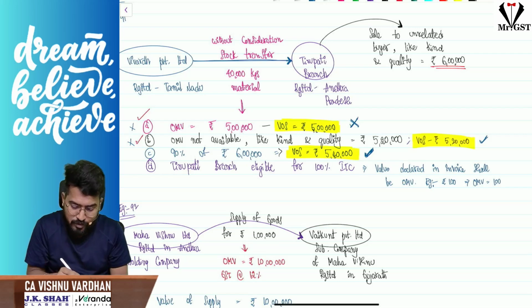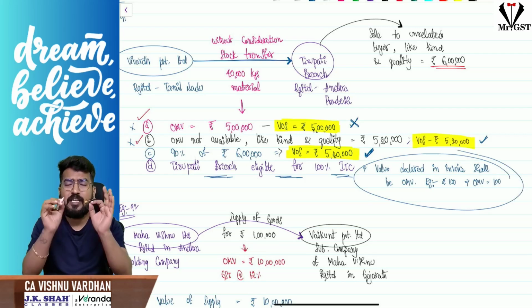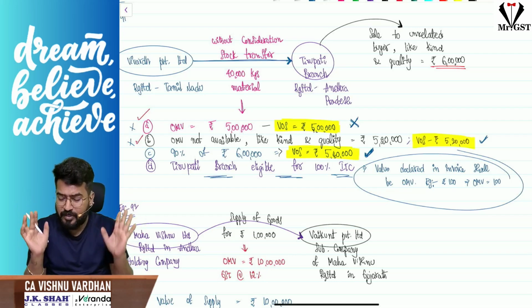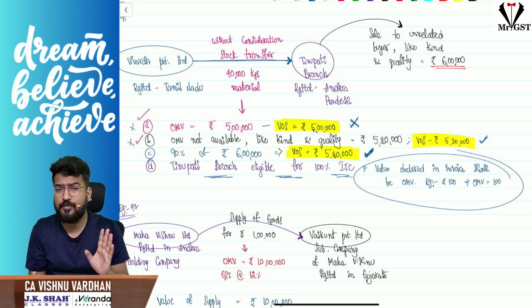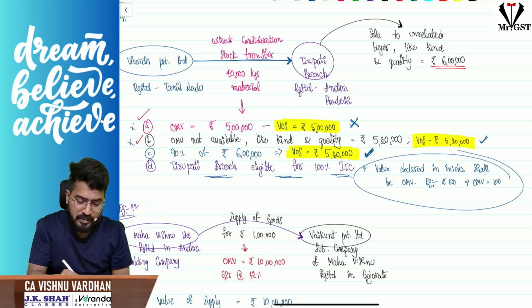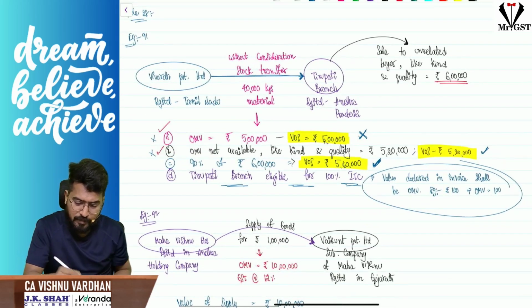So if the Tirupati branch is eligible for 100% ITC, whatever value is declared in the invoice shall be treated as open market value. Hope it is clear for you. So that is with respect to that example.